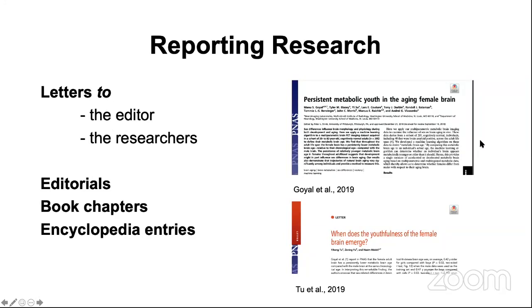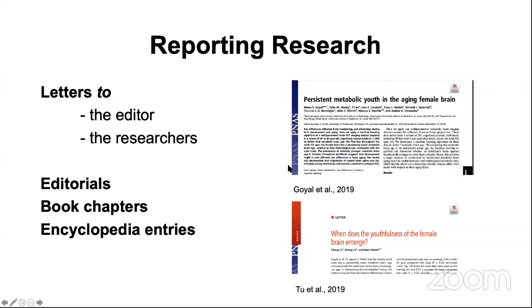An example we see here: on the top, you have a primary research article presenting that we found the female brain on average appears to be younger in terms of metabolism in comparison to the male brain. This is a really interesting finding. It is basically saying the female brain is more advanced in terms of metabolism. It is younger and such.